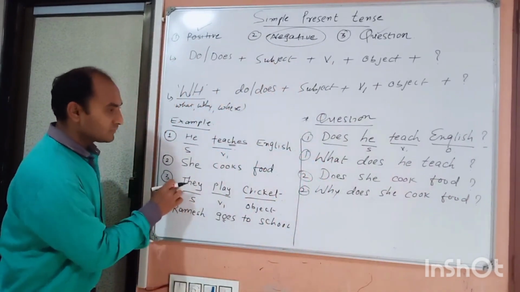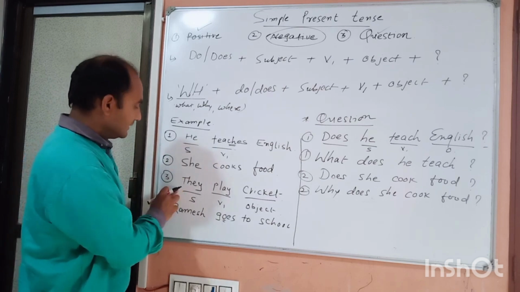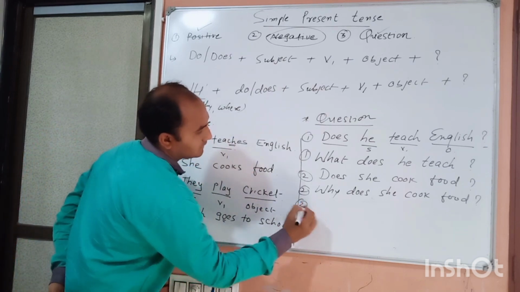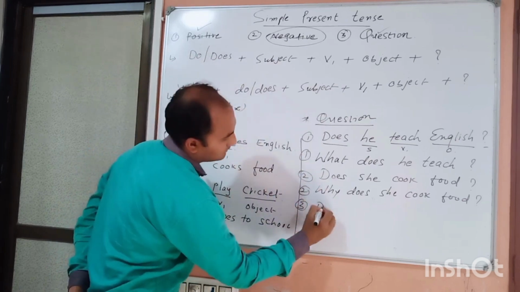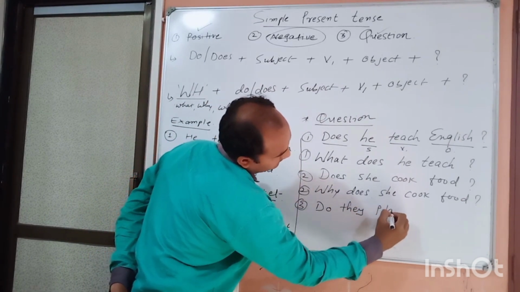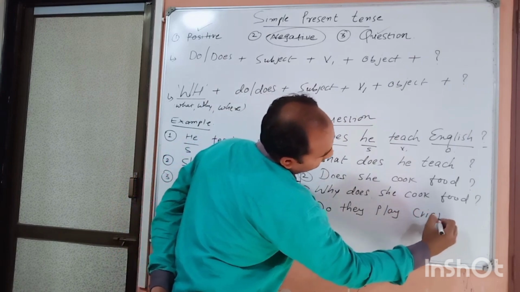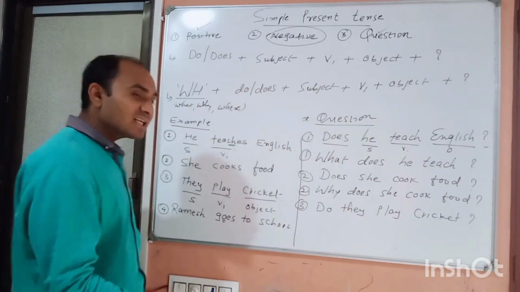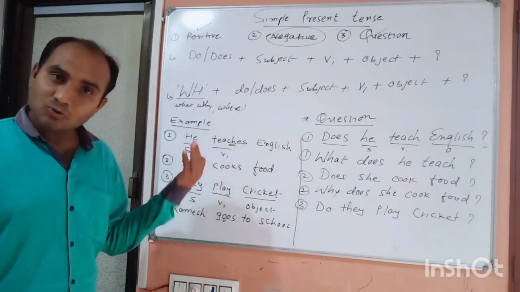And then number 3: they play cricket. So for number 3, that means do will come. Do they play cricket? Yes or no?